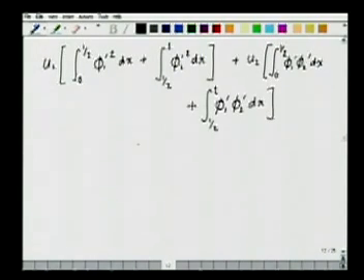This will be equal to, f is equal to 20 for us, into phi 1 evaluated at the point x equal to half, which is 1, plus p, which is equal to 10, into phi 1 evaluated at the point x equal to 1, which is 0.